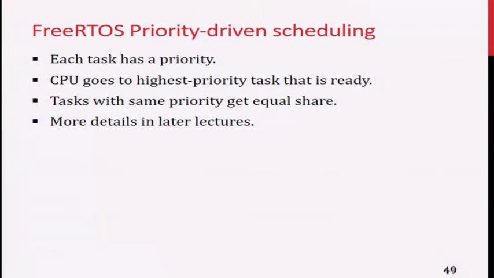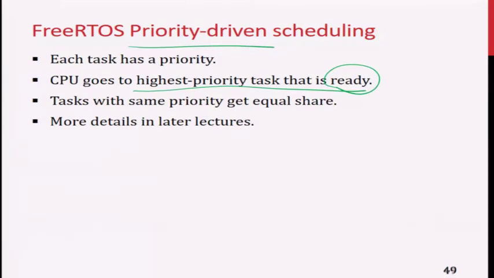Okay, so your FreeRTOS is a priority-driven scheduler. That means automatically the task with the highest priority will be chosen to run. So no matter how many tasks that I have, the task that is currently the highest priority and is ready, the task must also be ready, then I will select that particular task to go to run state.